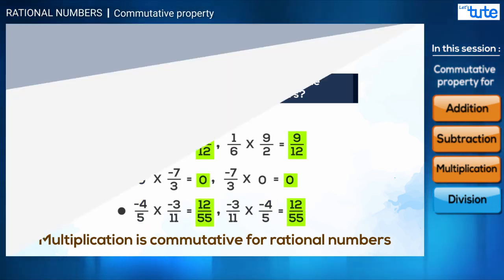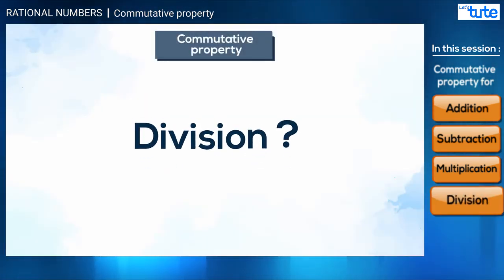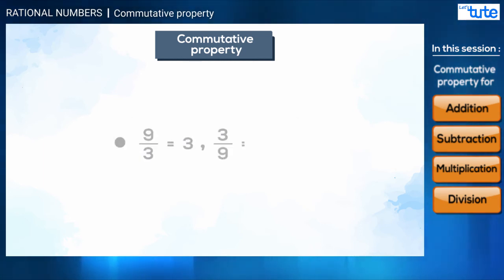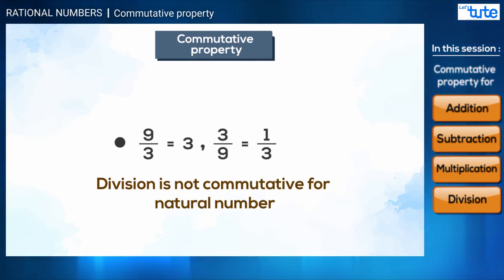Now lastly, let us learn if division is commutative. Look at this example. Here, if we exchange the places of 9 and 3 in the operation division, we don't get the same answer. That is, 9 upon 3 is 3 and 3 upon 9 is 1 upon 3. They are not equal. Hence we say that division is not commutative for natural numbers.